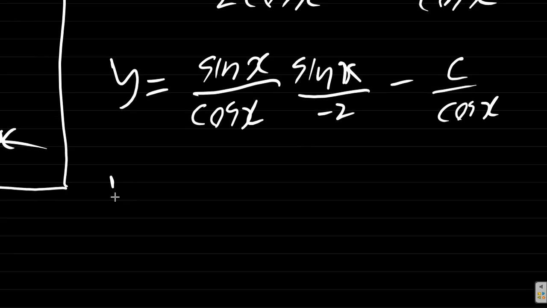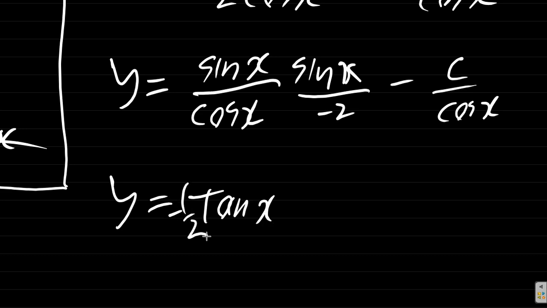What you could do here is say y equals, sine over cos is tan. Tan x, so it's negative half tan x sine x minus c over cos x. Alright? I guess that could work as a solution.